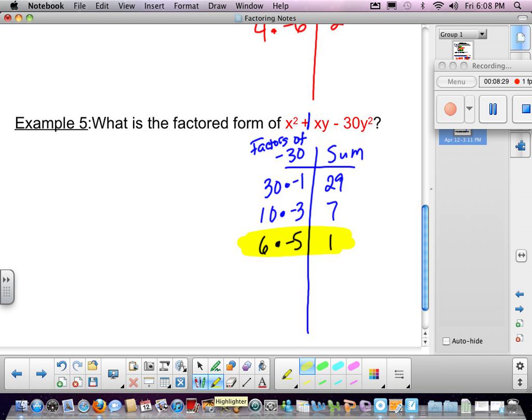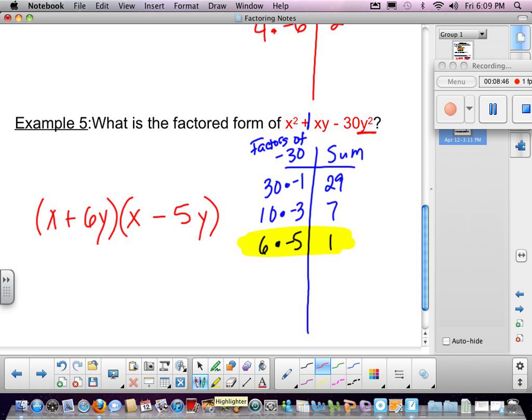So we're going to use those two factors. So it'll be x plus 6 and x minus 5. But we have to account for that y squared. So what we do there is we put a y and a y. And that'll take care of the y squared, and it'll also help take care of the xy term in the middle.